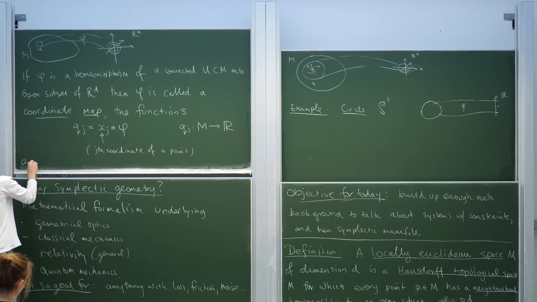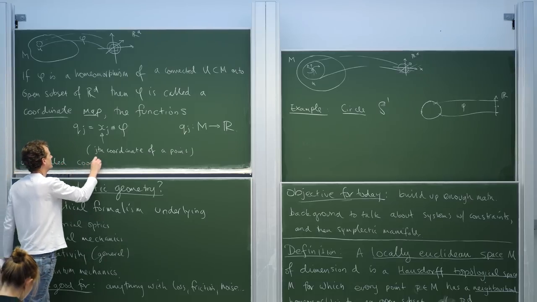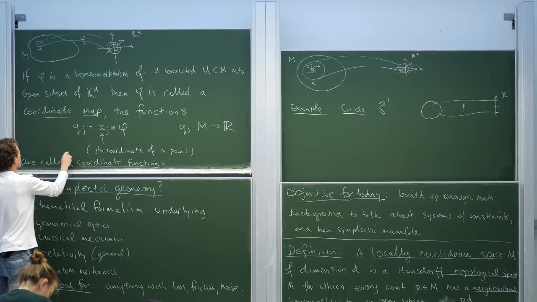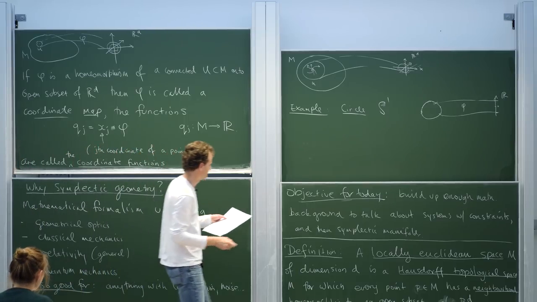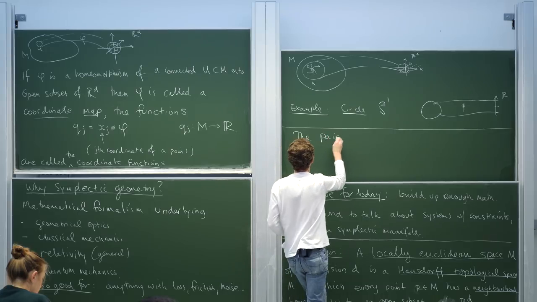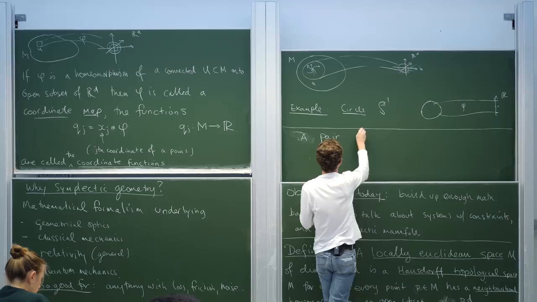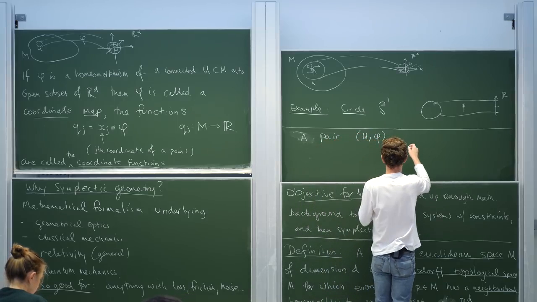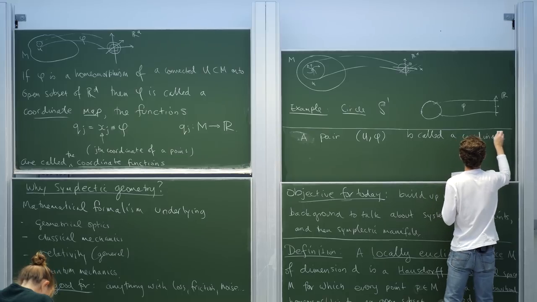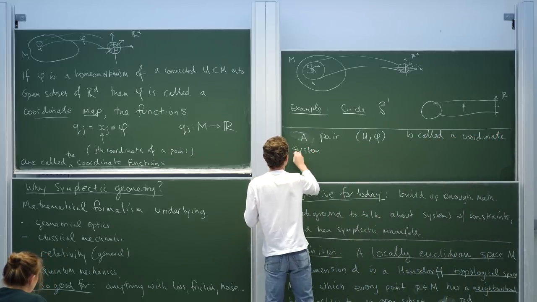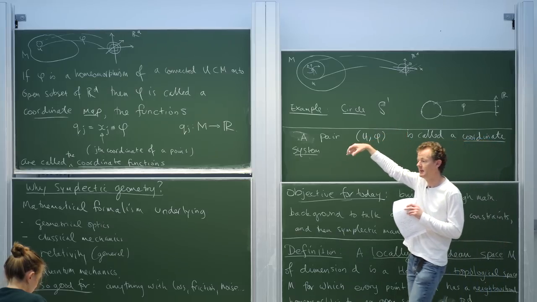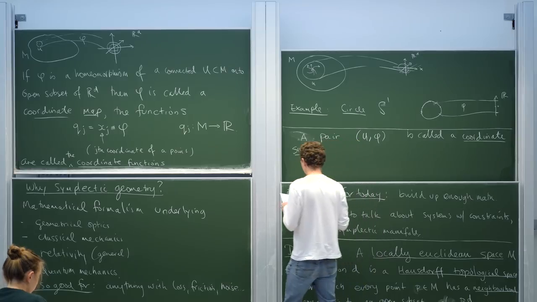Such a pair of a neighborhood in M and a map to R to the D, that's called a coordinate system.